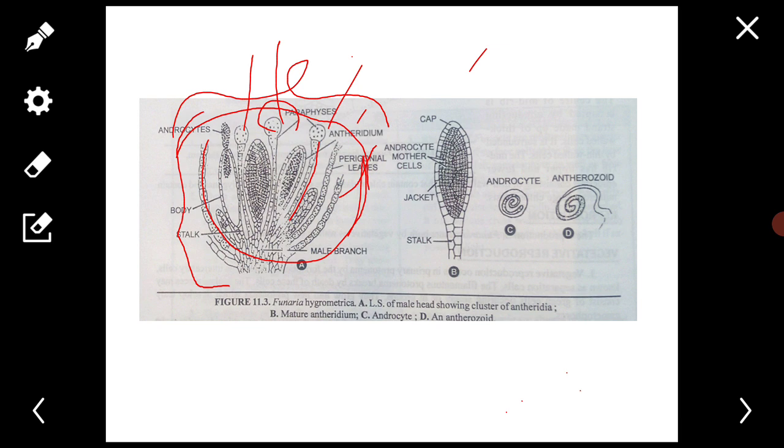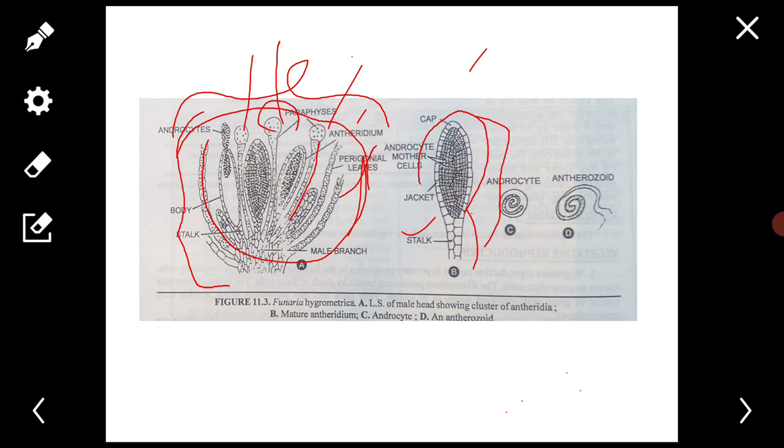Next, that is the structure of the mature antheridium, that is this. The mature antheridium is differentiated into a short stalk, that is this, and a long club-shaped body. The body is reddish brown or orange in color.